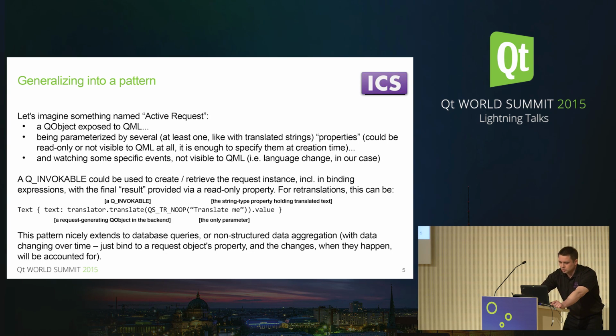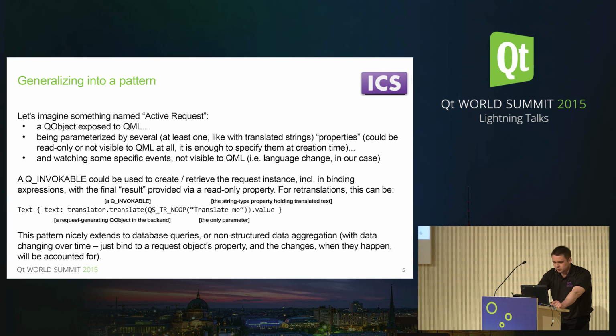And then we could use this way of dealing with things. We could use some sort of a Q_INVOKABLE on another QObject, which would produce us this QObject that we were just talking about. And then on that, we could retrieve a property value. So this thing should obviously work. And in fact, it actually works.